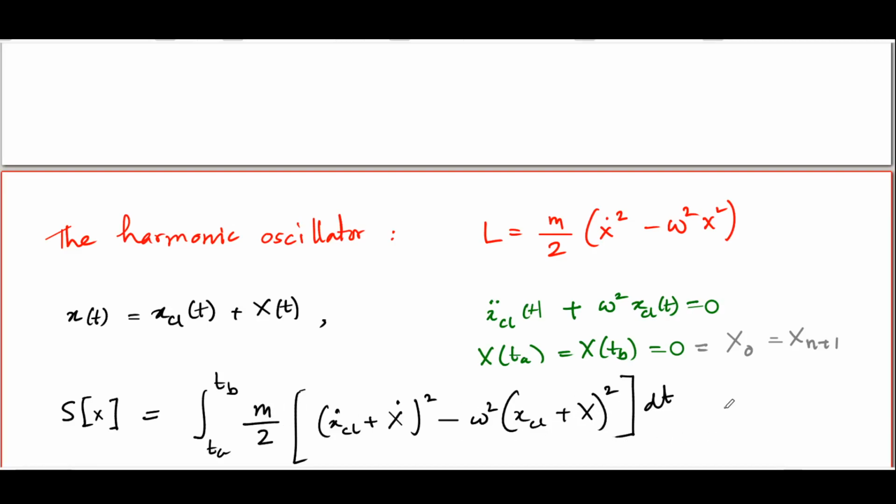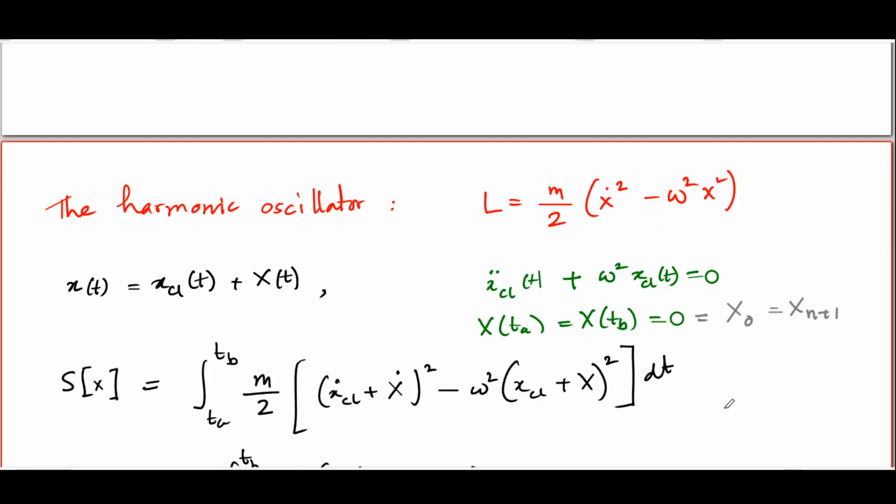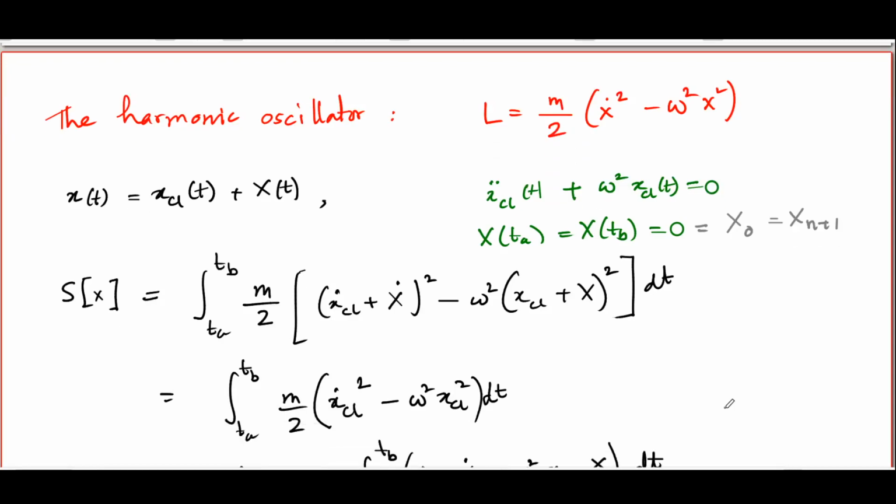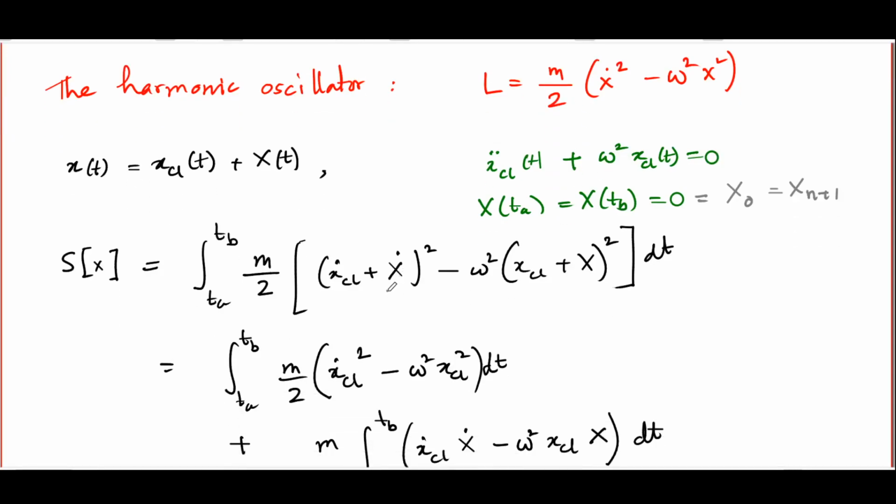But now, we are going to follow the same routine that we had followed earlier for the free particle. By collecting together terms which involve the x classical alone, we get m by 2 x dot classical whole square from here, minus m by 2 omega square x classical square from here. And this, of course, will give us the classical action, or more precisely, the action for the classical path.